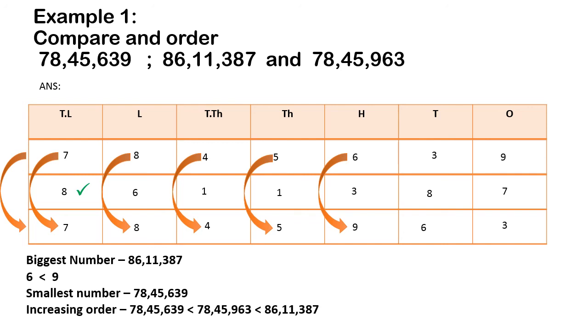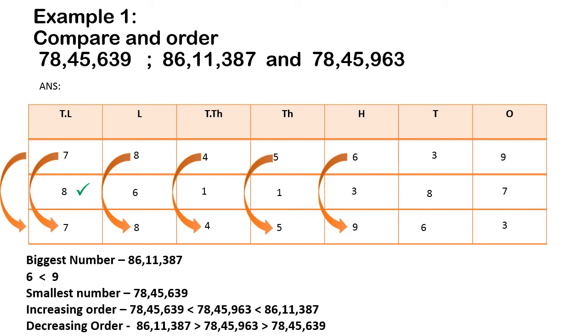So we can write the increasing order, that is ascending order. What is the smallest number here? 78 lakhs 45,639. What is the next number? 78 lakhs 45,963. Then the biggest number, that is 86 lakhs 11,387.